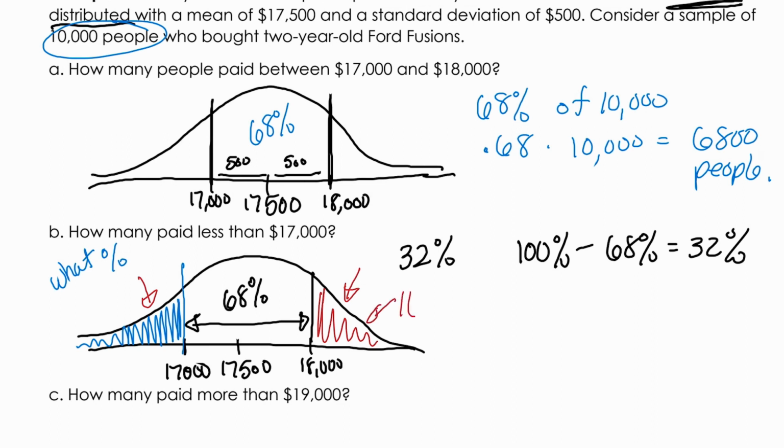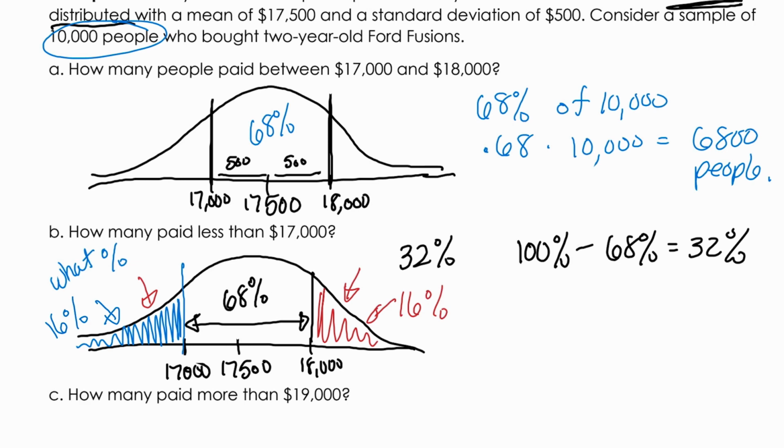So this area here is 16%, and this area here is 16%. So that means the area to the left of 17,000 is 16%. And I can check it by adding it all up. All of it should add up to 100%. If I take 16% plus 68% plus 16%, that's a total of 100%.